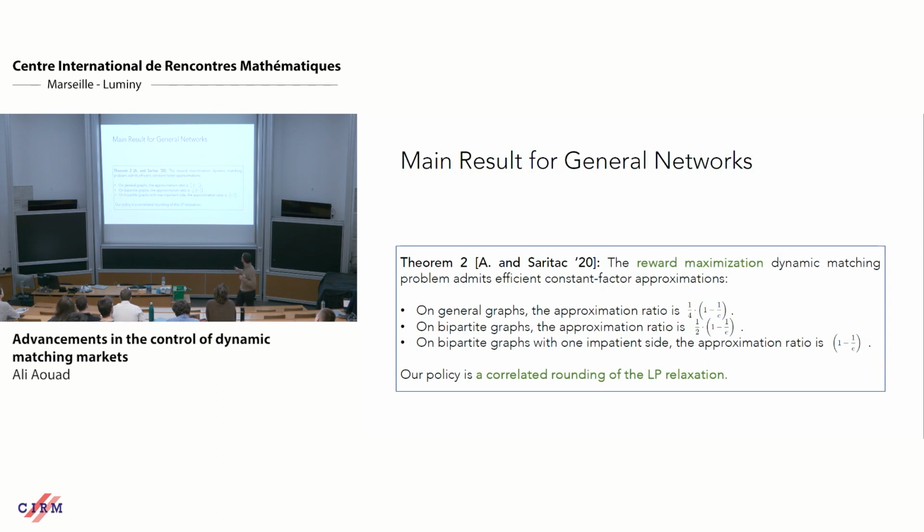And then we can get an approximation ratio of 1 minus 1 over e. The policy here is based on a rounding of the LP relaxation. The LP relaxation that I mentioned, we can convert into online, on-the-fly decisions that will achieve these approximation ratios against the linear program.